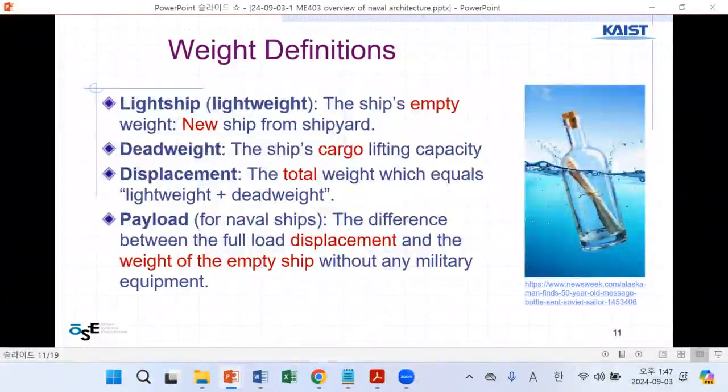Same as ship. So all the weight, we can say displacement. The total weight, including light ship and deadweight. And somehow this bottle can get shared. Somehow this is floating somewhere here.